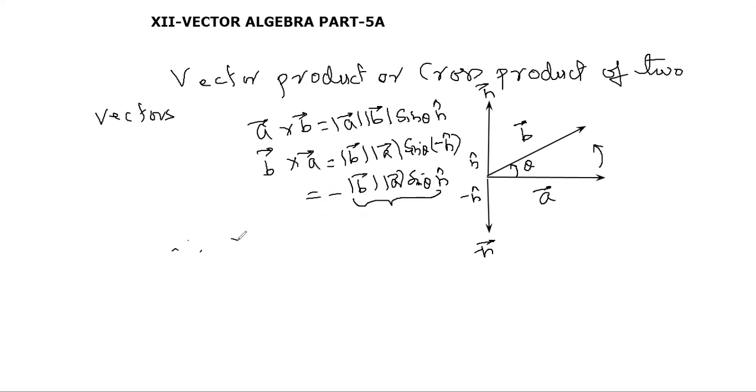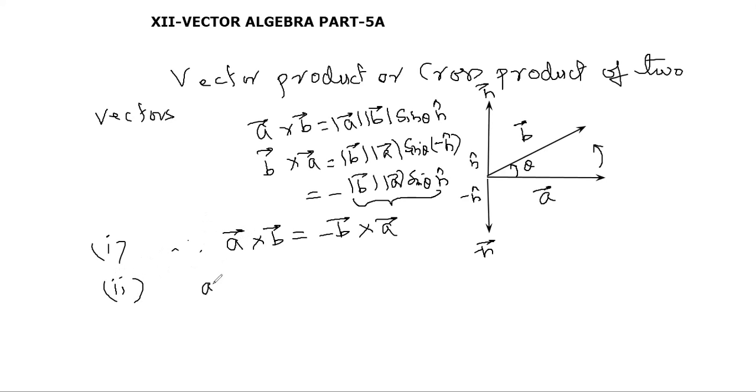Therefore, one property is that they don't follow the commutative law. A cross B will be equal to minus B cross A. It cannot be equal to B cross A. And now we have to see what the other properties are and where we can use them.